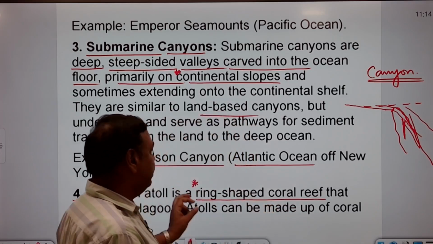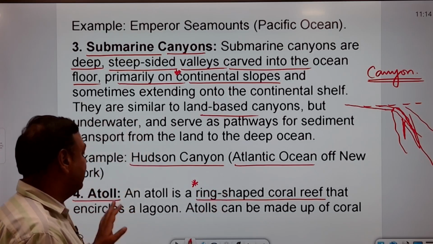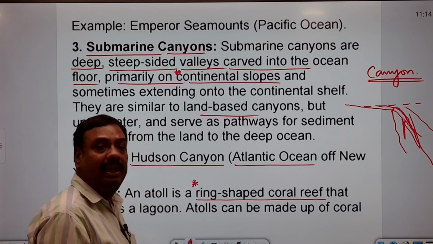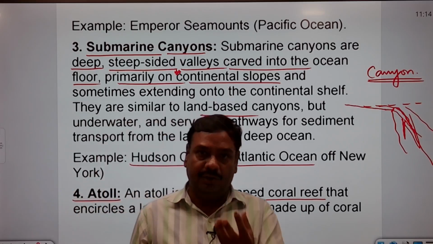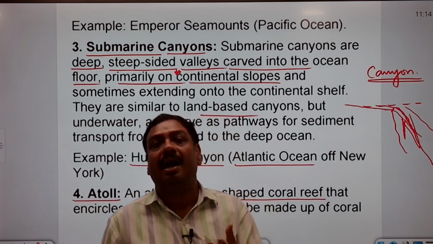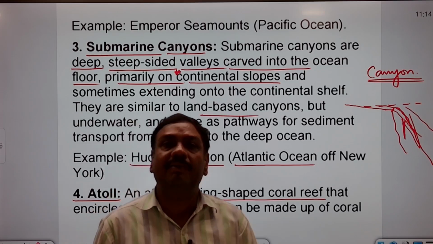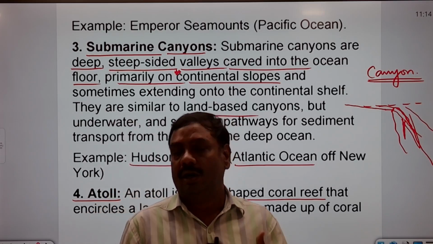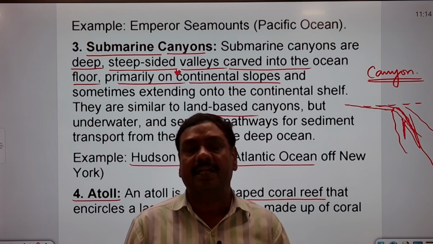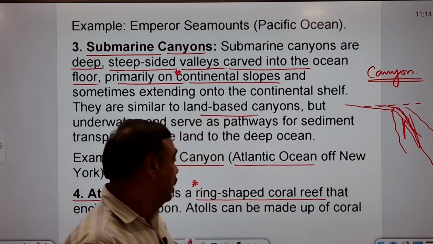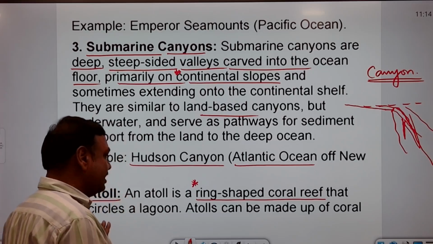Okay. Ring-shaped coral reef that encircles a lagoon. Lagoon is a kind of lake that is filled with seawater. So it encircles a lagoon.